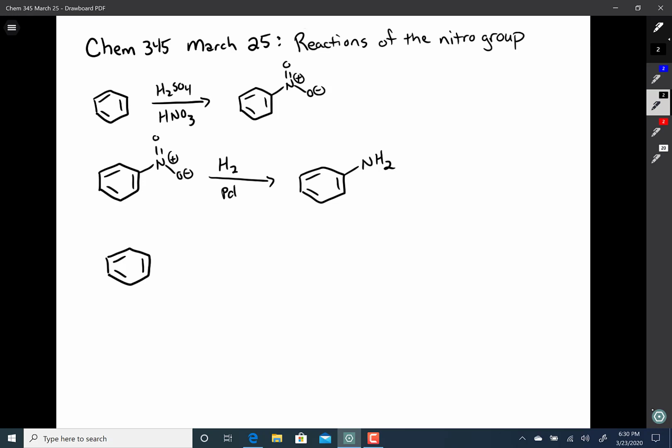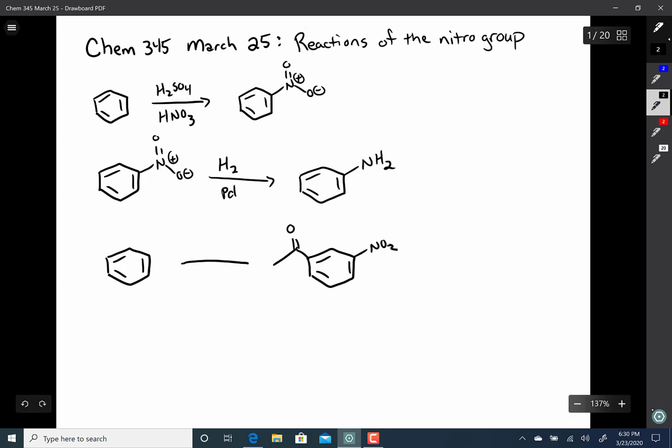So real quick, let's say we had this molecule right here. How would we make it? Well, both the carbonyl group and the nitro groups are meta-directors.